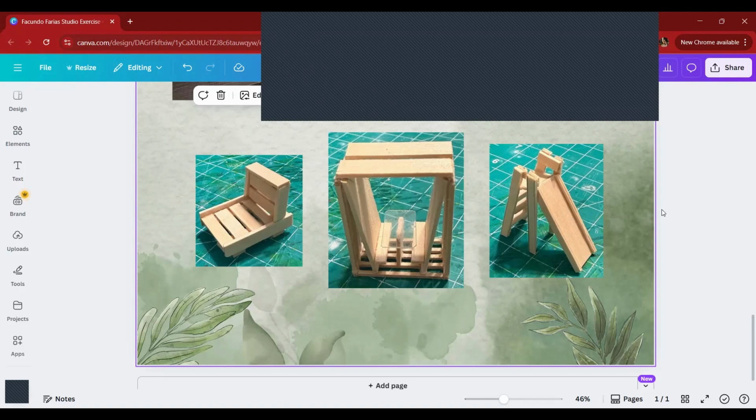Another challenge was working at such a small scale with the models. Getting the mini playground and sitting to look right took a few tries. But in the end, those challenges made the design stronger and more fun to build.